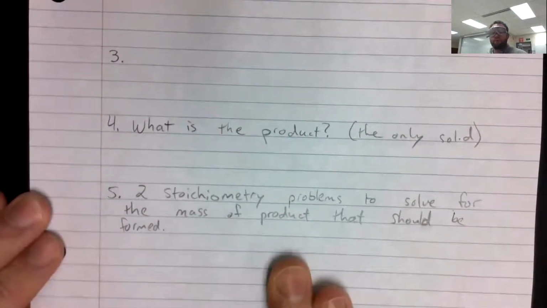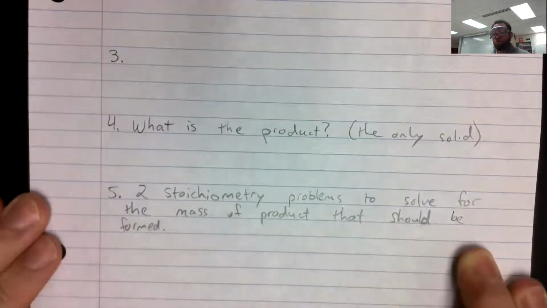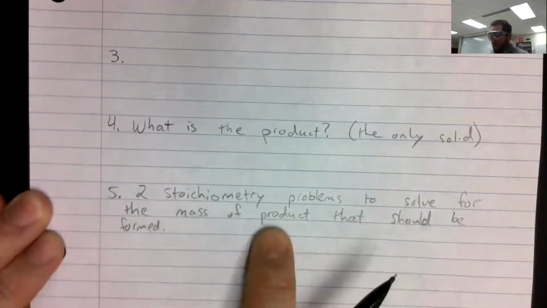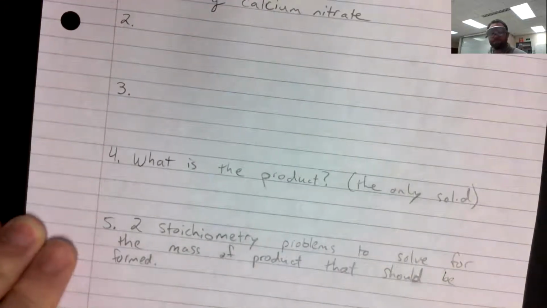Two stoichiometry problems that are going to be used to solve for how much product should be formed. And the product is the solid from your balanced chemical equation.